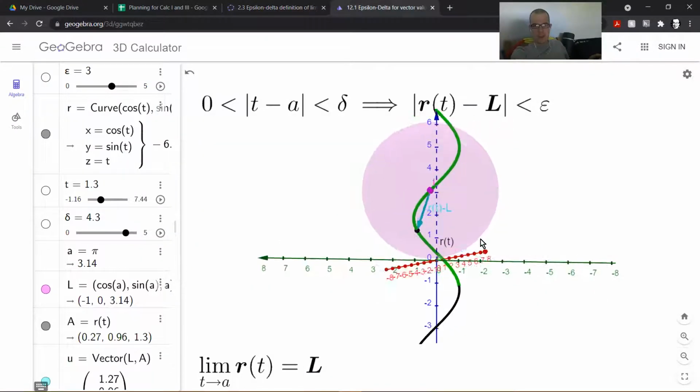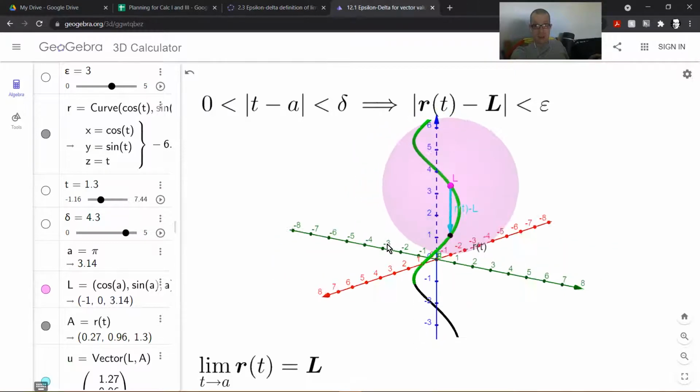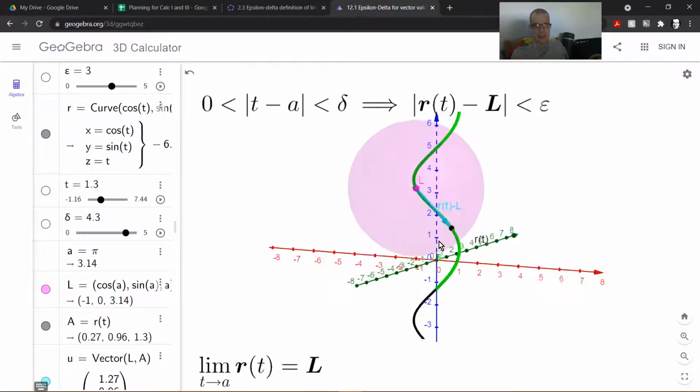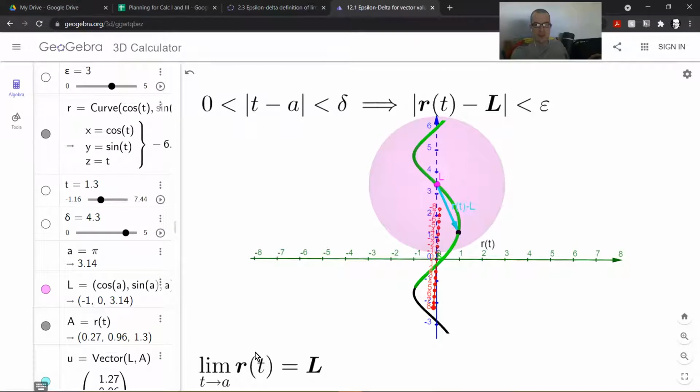This is what we talked about in the last section when we were looking at vector valued functions. We have a vector valued function r of t with one input, and that input is t. This function actually has a three-dimensional output. So in the delta region, one-dimensional. In the epsilon region, we have a three-dimensional.